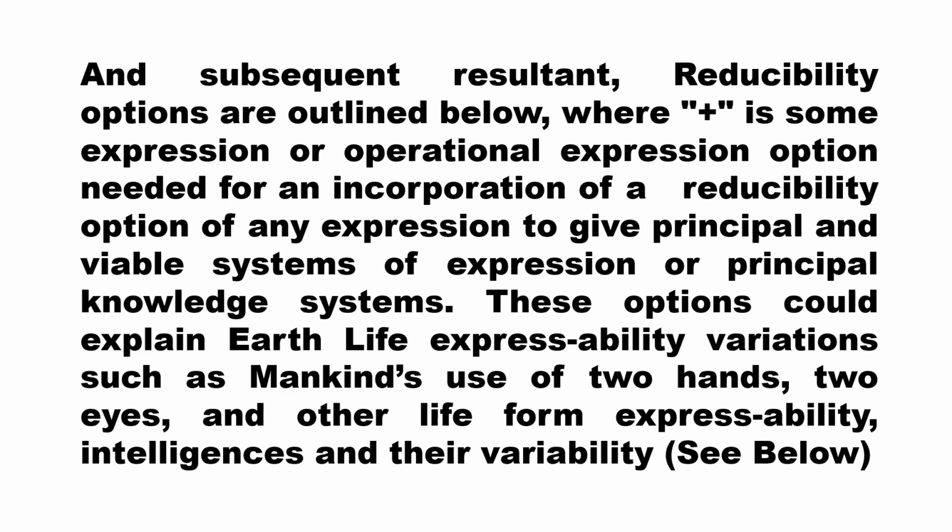Subsequent resultant reducibility options are outlined below, where plus is some expression or operational expression option needed for incorporation of a reducibility option of any expression to give principal and viable systems of expression or principal knowledge systems. These options could explain Earth life expressibility variations, such as mankind's use of two hands, two eyes, and other life form expressibility intelligences and their variability. See the next slide.